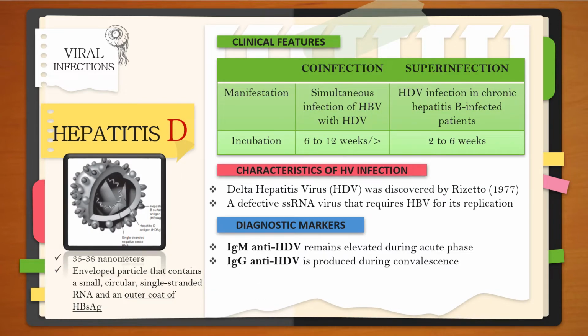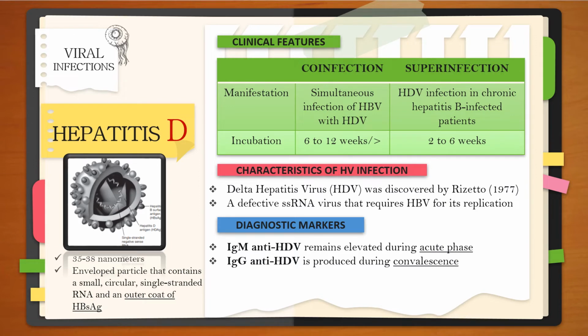Moving on with your hepatitis D or the Delta virus. Okay, class, this is actually the most unique hepatitis virus among the other forms because it is a defective single-stranded RNA virus that requires a hepatitis B virus surface coat for its replication. Meaning to say, it does not appear as a singular infection because it needs the surface of a hepatitis B virus.